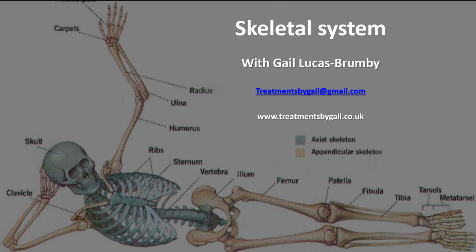Now, we're also going to learn a little bit of Latin as we go along, because Latin is very interlinked with medical terms. If I said to you a little short word beginning with O, you would automatically know that I was talking about the skeletal system or the bones. So if I said osteo to you, you would automatically know that I meant the bones. If I said arthro to you, you might think it was a joint. So arthritis is inflammation of the joint.